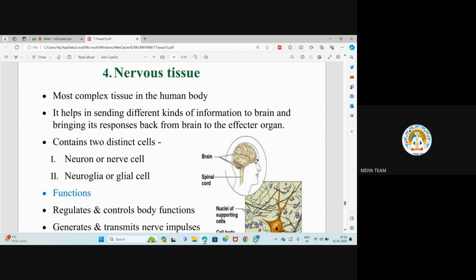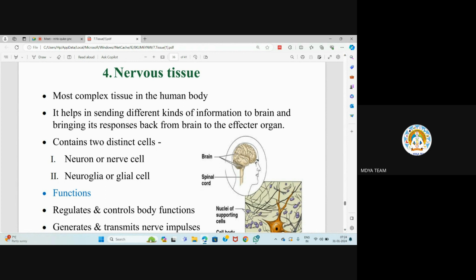So this is one of the functions of nervous tissue. It helps in sending different kinds of information to the brain and bringing its responses back from the brain to the effector organ. This is a very small example for this slide.